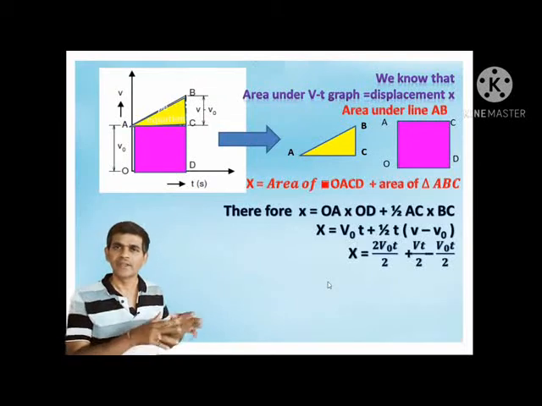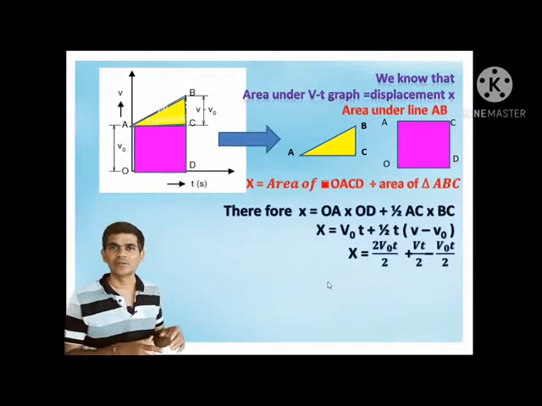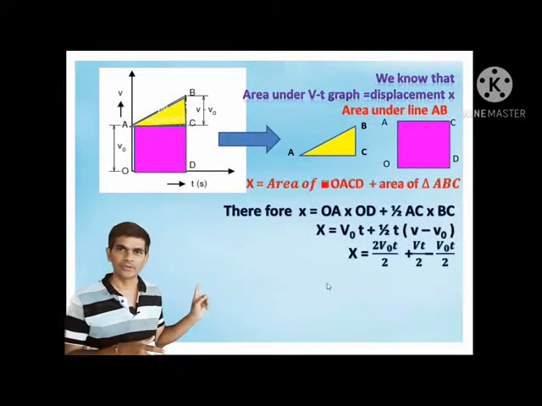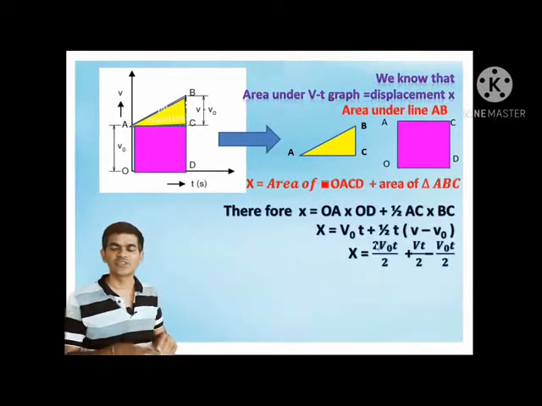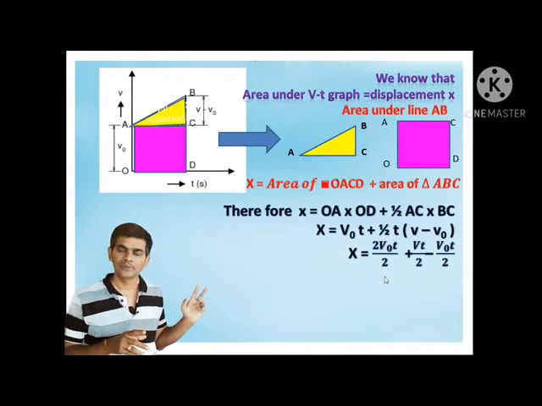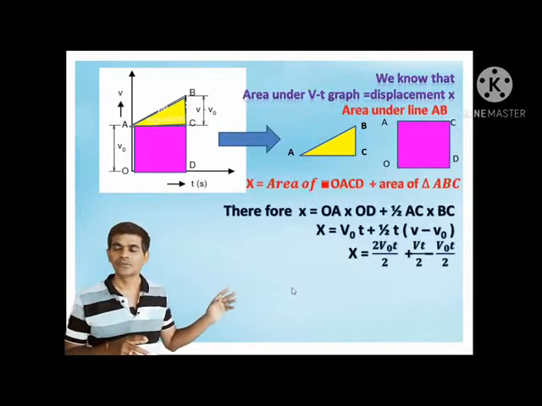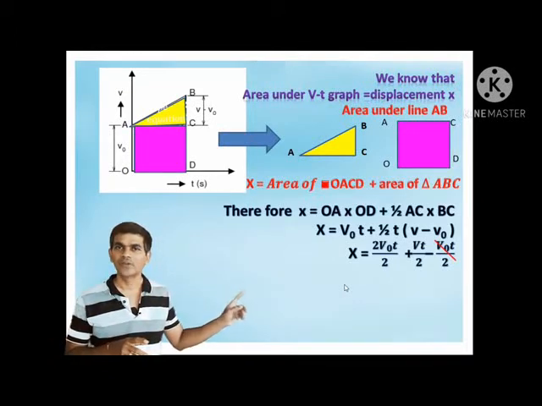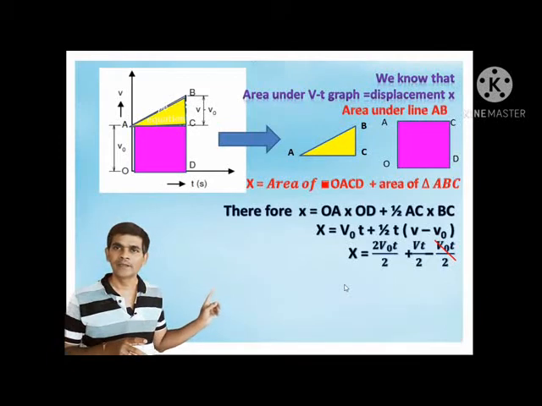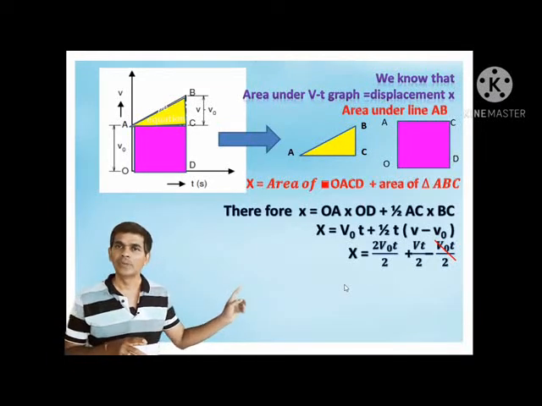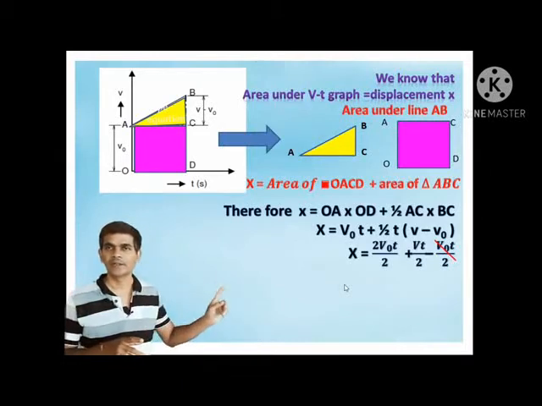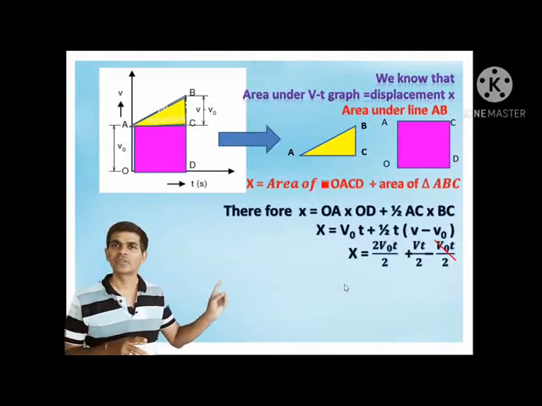Now we have to rearrange this equation. So x is equal to, now v naught t, I will rewrite like this. I will multiply this term by 2 divided by 2; if we multiply by two and divide by two, the value does not change. So I multiply 2 to v naught, giving 2 v naught t divided by 2, plus, I will split the next term, half t into v minus v naught, and write it as vt by 2 minus v naught t by 2.